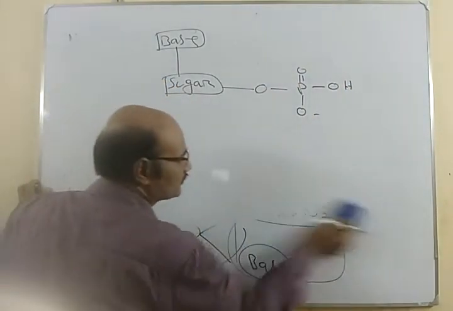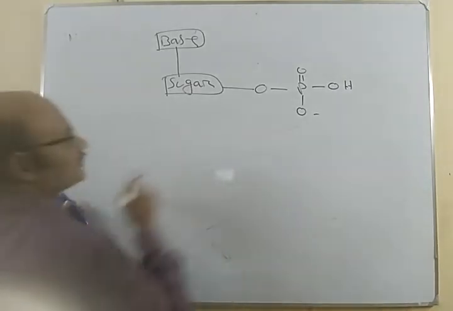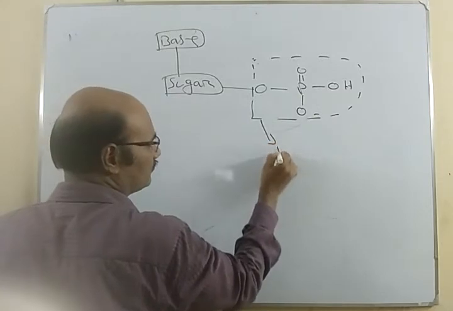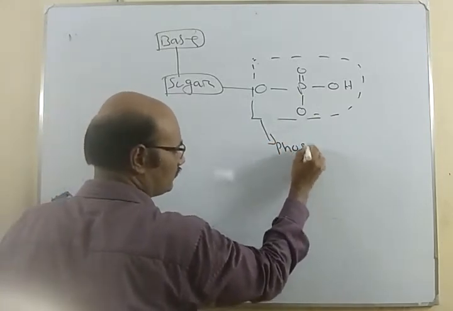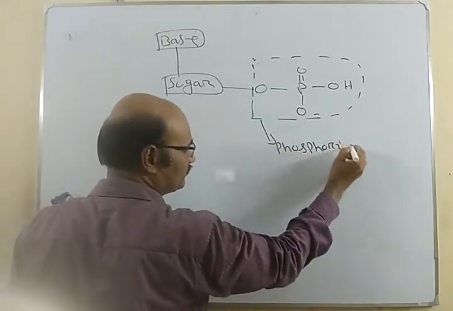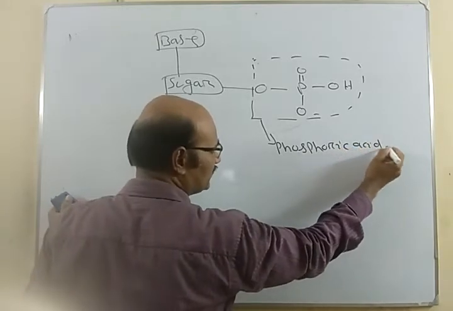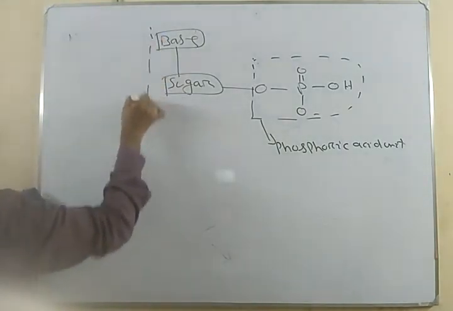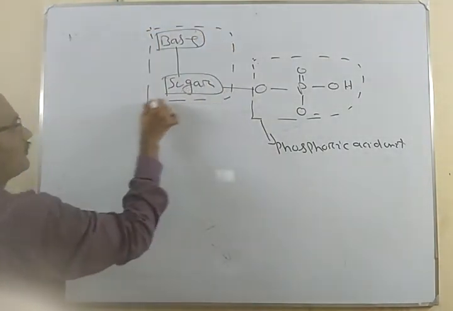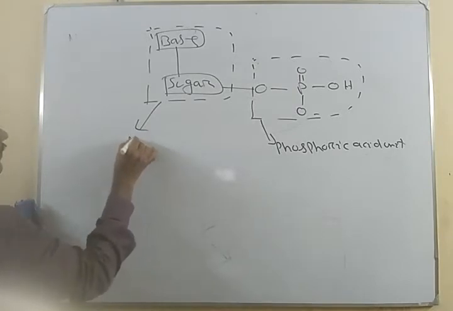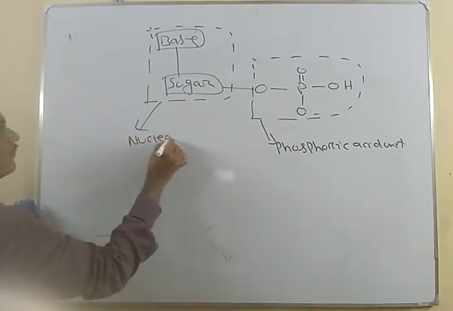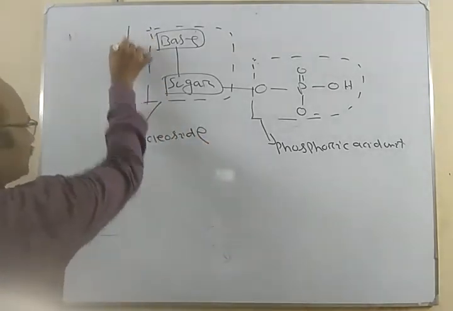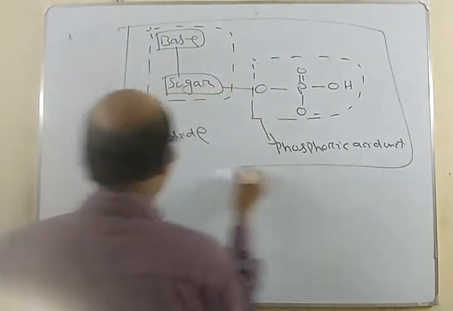So this is the phosphoric acid unit, and this is your nucleoside, and these two as a whole form what?